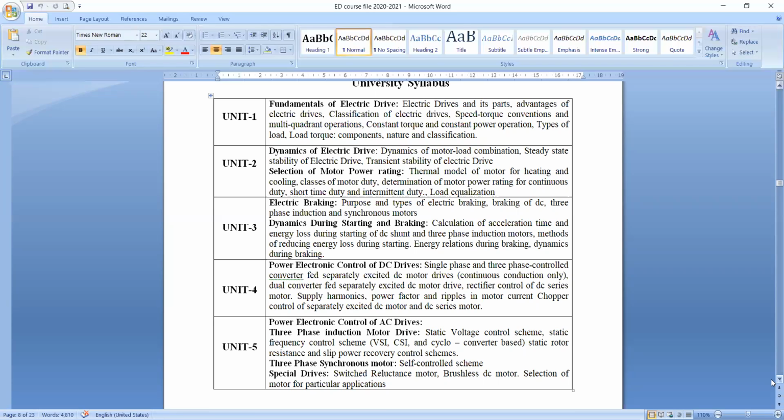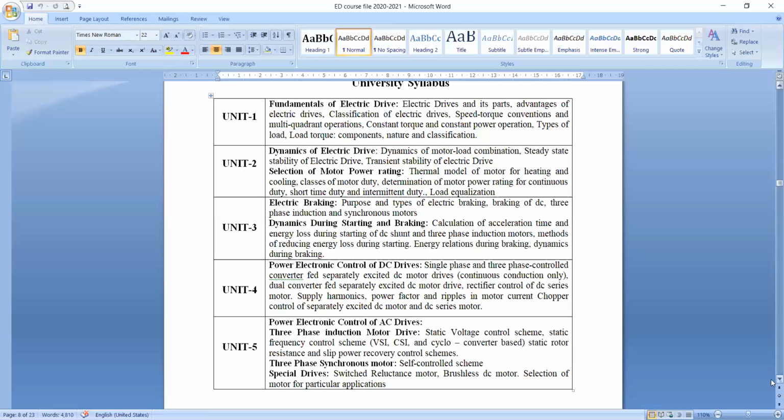By using the drive mechanism we are controlling the motion of the machine. So a fully automatic machine requires controlled motion. Sometimes it requires a specific rotation, and sometimes it requires a continuous rotation.